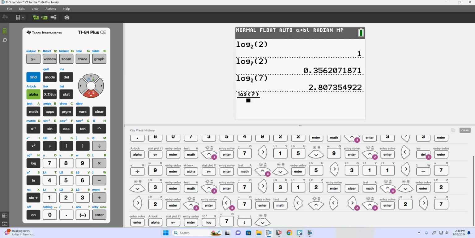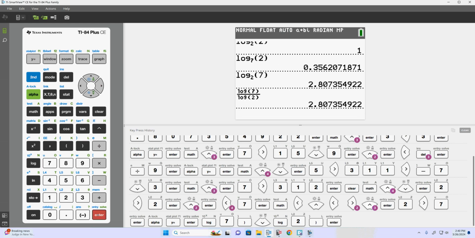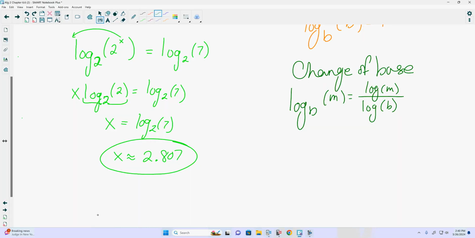Log of what's inside the logarithm over log of the base, and we get the exact same value. So if you don't have a graphing calculator that can do log base, this is another way to calculate them. Questions on this first one here?